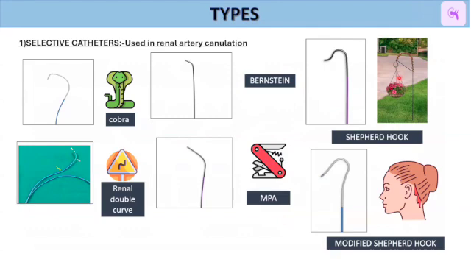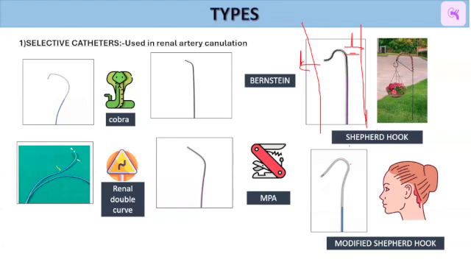Can you see in the camera? This is a non-hydrophilic coated Shepherd hook catheter. If the aorta is very large, we need a larger catheter which will rest here so that it can enter the renal artery.